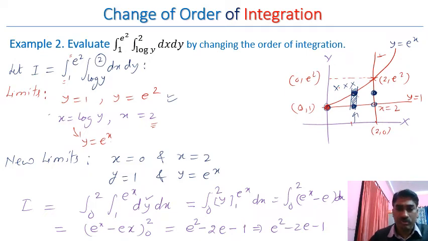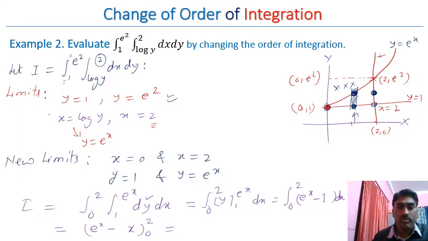See the result. I am correcting it. So this limit of y, when you replace y with e to the power x, this is e to the power x. When you replace y with 1, this is 1. So we get e to the power x minus x, from 0 to 2.